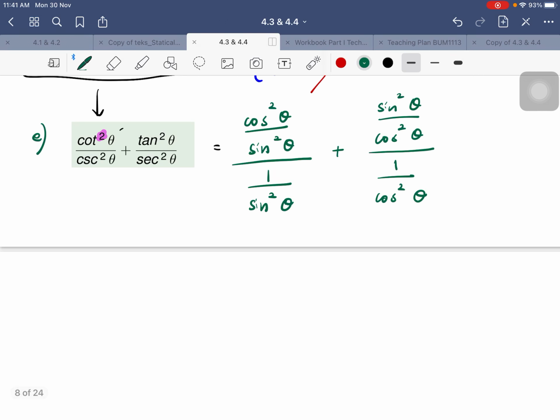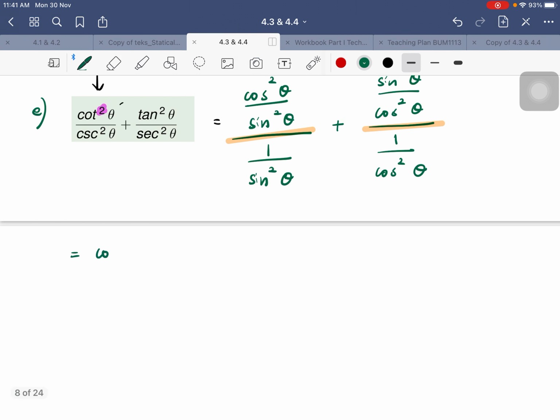So how am I supposed to simplify this? Now we have an operation over here, which is division. I'm going to change all the division to multiplication. So this equals cos square theta over sine square theta, multiplied by, I'm going to flip around whatever goes underneath, because we have changed from division to multiplication.